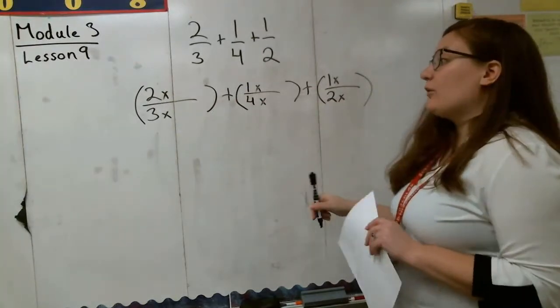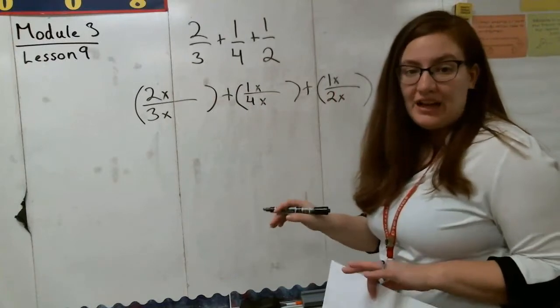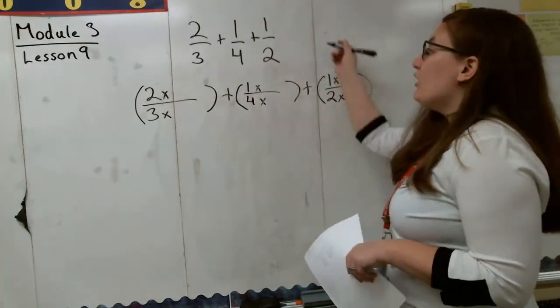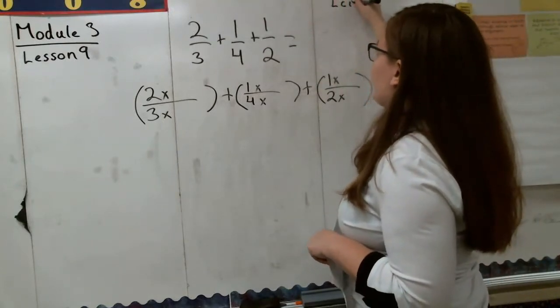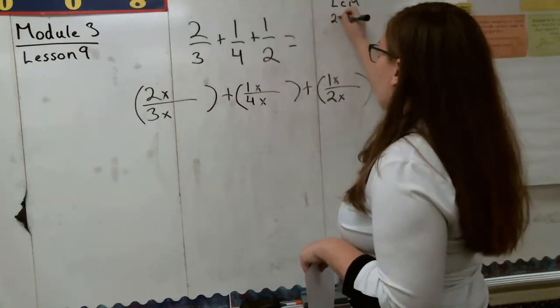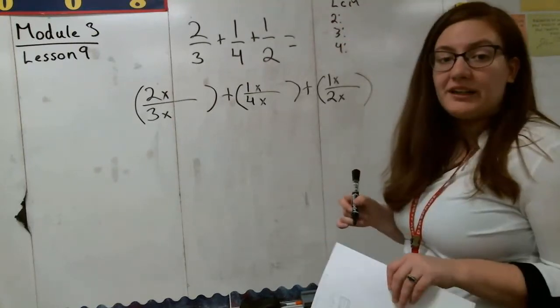And now I need to figure out what I need to multiply each of these by so that they all have the same denominator. Because remember, I can't add these yet until they all look the same. So what I'm going to do is, again, I am going to find the LCM of all these numbers, the least common multiple. So I'll look at my 2's, my 3's, and my 4. So I'm going to count by 2's.